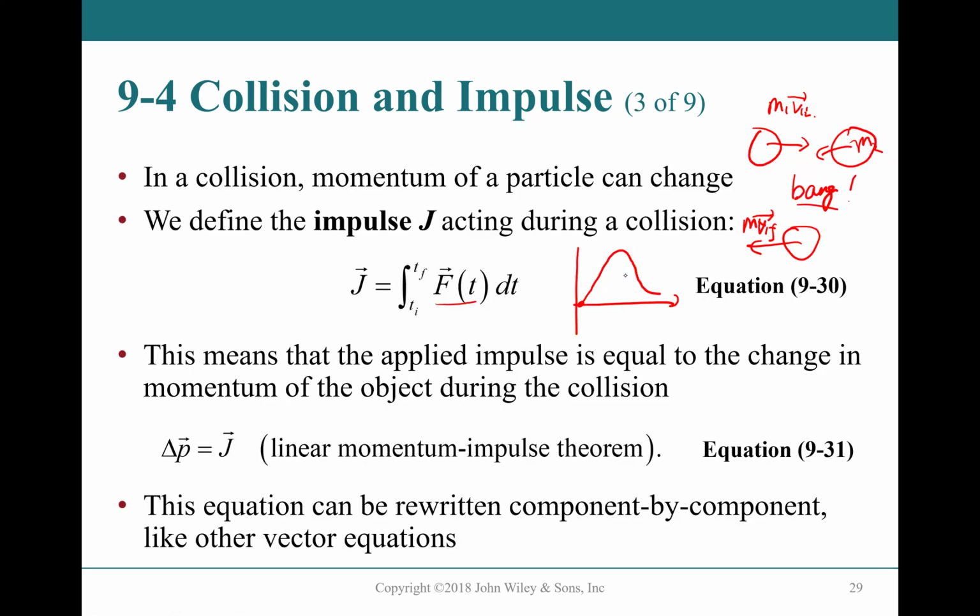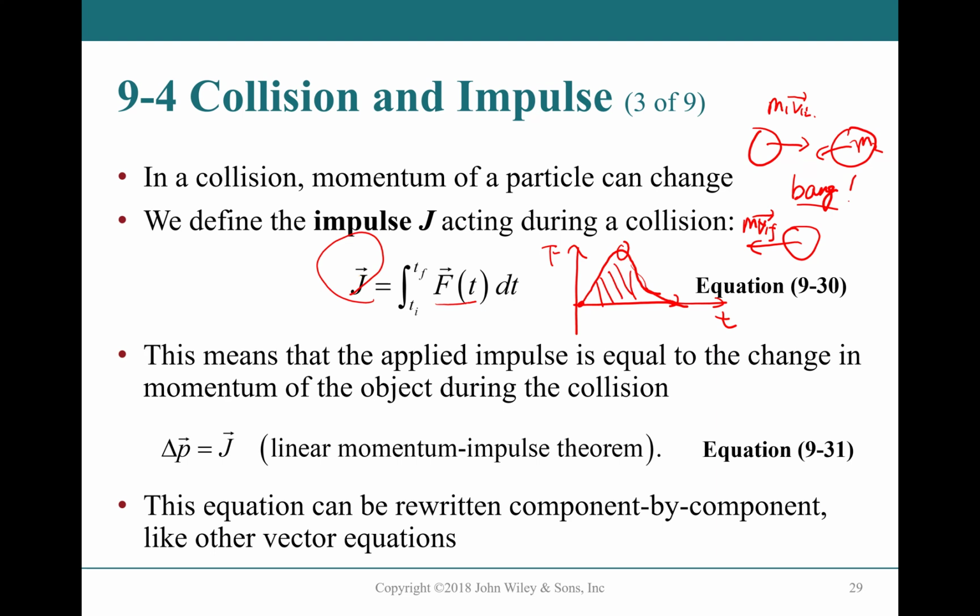Then when they collide you are going to have a maximal force, and when the objects leave each other, the force will decrease. If we plot force as a function of time, we may get a curve like this, and the area under the curve is our impulse.